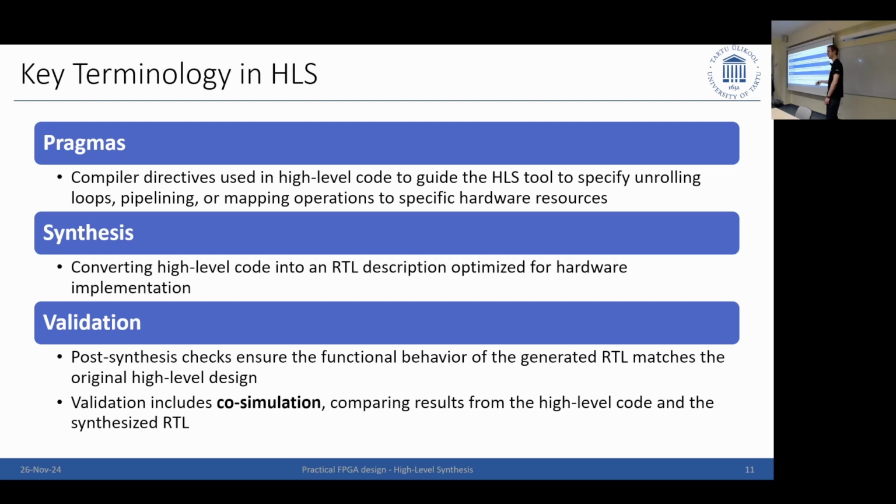When you have a compiler, you can give it input parameters, and you can use them for unrolling loops and pipelining, and mapping operations to specific hardware resources. So I want to have them on URAM, I want to have them on BRAM, I want pipelining in my process, I want one resource being constantly reused. So the pragmas will help you to make your design efficient or parallelize it and those kinds of things.